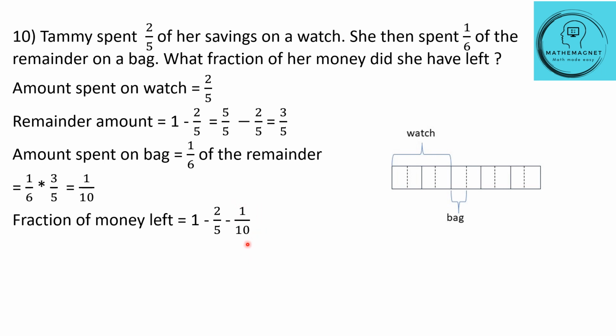Let's convert into like fractions. It becomes 10 by 10 minus 4 by 10, which is what we represented in the bar model, minus 1 by 10, which is equal to 5 by 10. The answer is visible clearly in the bar model. Still, this is another method of solving it without the help of the bar model. So the answer is 1 by 2 of the money is what she is left with.